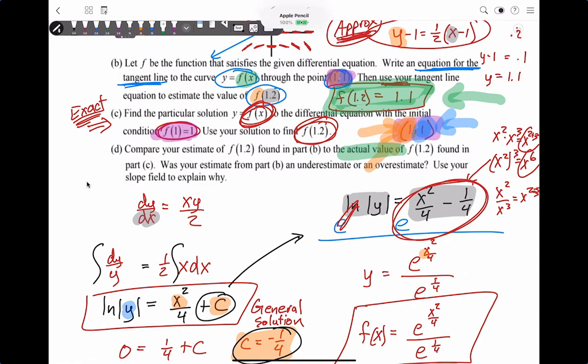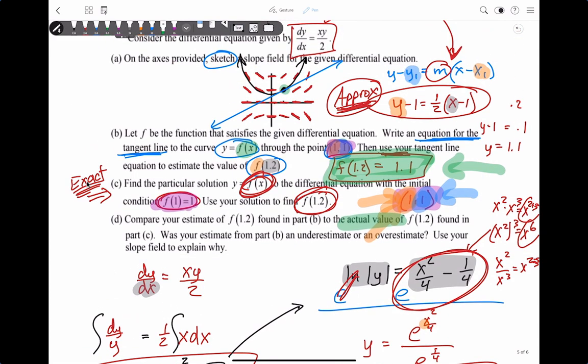So let's think about this. First of all, it's going to be either an underestimate or an overestimate, but it depends on the slope field. So I'm going to go over here where this was all found at 0.1. And because I know that the derivative there is positive, so f prime of x is positive, that means f of x is increasing.